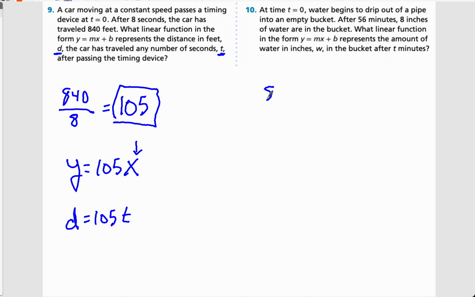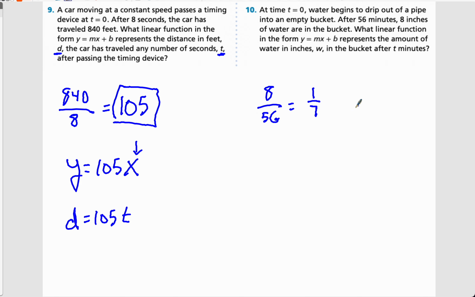So we would put 8 over 56, which is 1 over 7, since 56 divided by 8 is 7. So that tells us that it is going at a rate of 1 inch every 7 minutes of water.